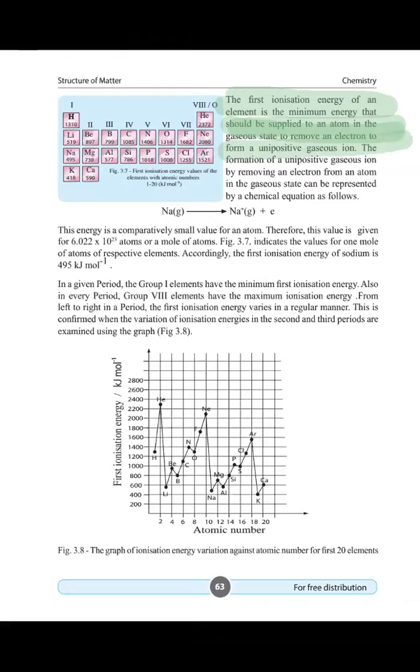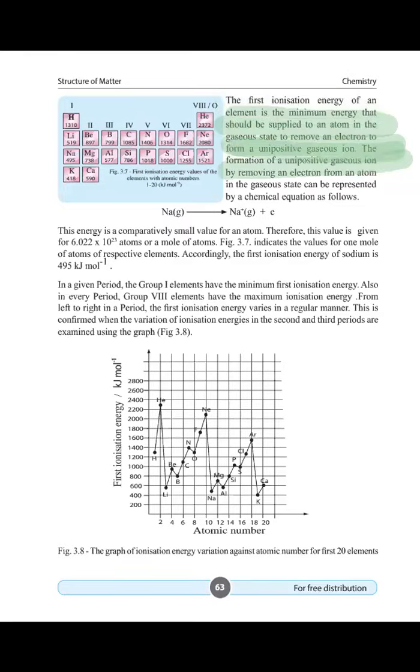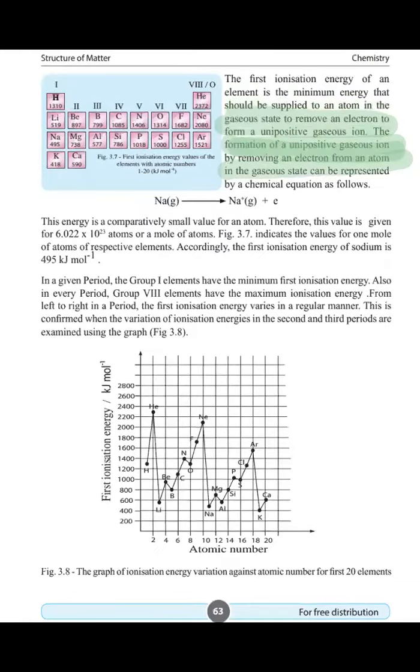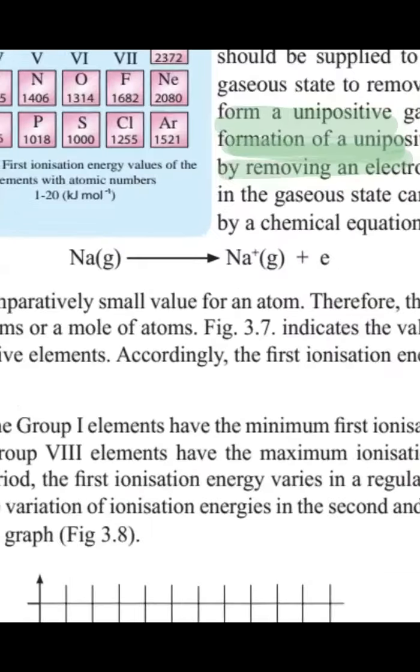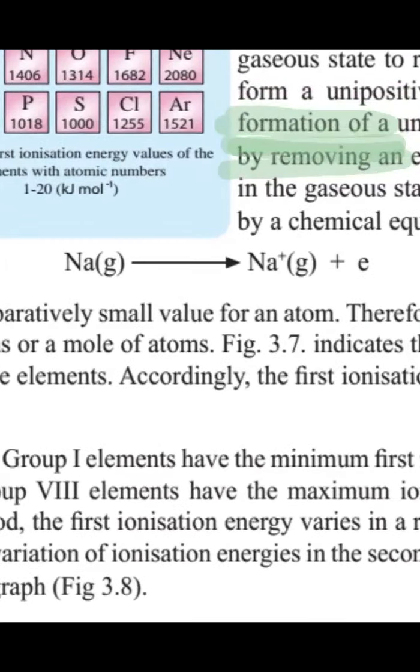The formation of a unipositive gaseous ion by removing an electron from an atom in the gaseous state can be represented by this equation. For example, we'll consider the sodium atom. It should be converted to the gaseous state because sodium is a solid. Sodium gas removing one electron forms sodium plus one ion.